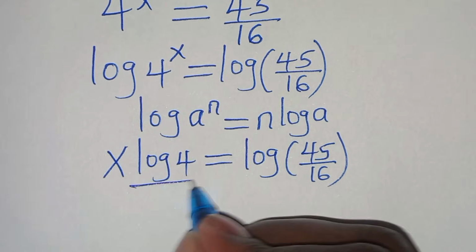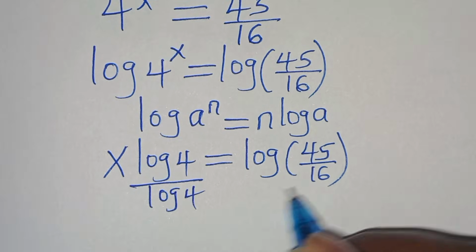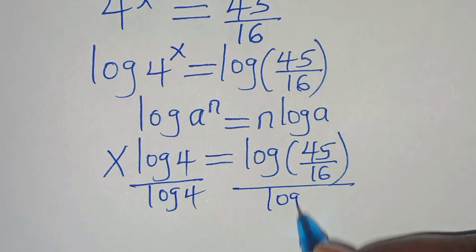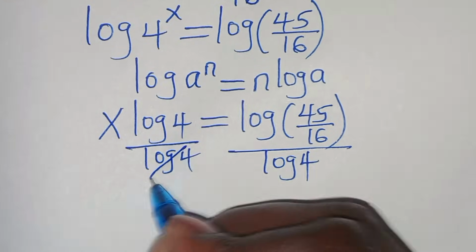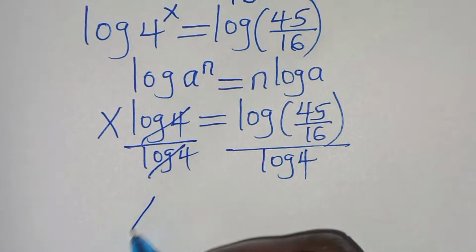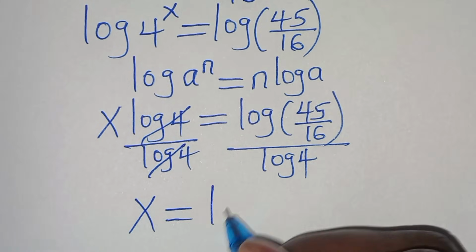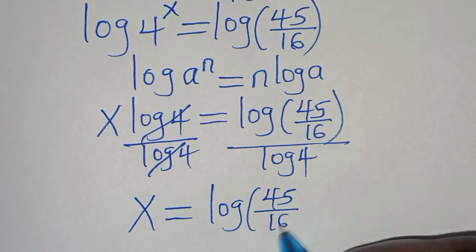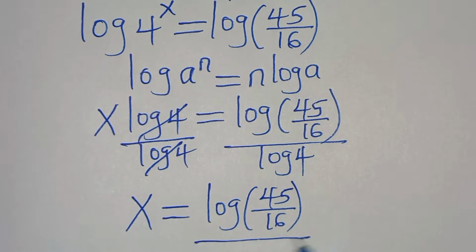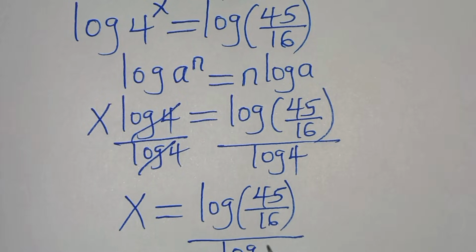So let's divide both sides by log 4. We can simplify log 4 and log 4 here, so that now x is equal to log of 45 divided by 16, divided by log 4.